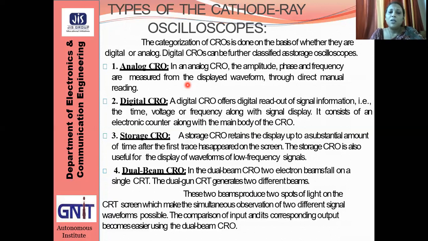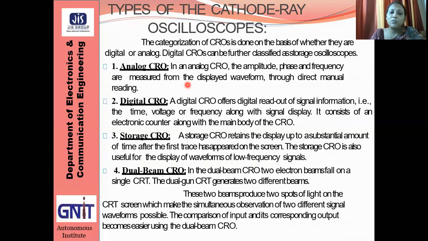Digital CRO. A digital CRO offers digital readout of signal information, that is the time, voltage or frequency along with signal display. It consists of an electronic counter along with the main body of the CRO. And one more thing, a digital CRO is costlier than an analog CRO.